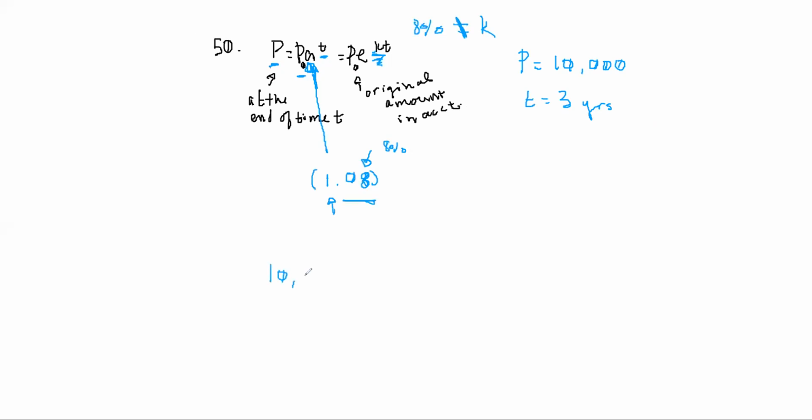I have 10,000 is equal to P naught times 1.08 to the 3. So what I would do is divide both sides by 1.08 to the 3.